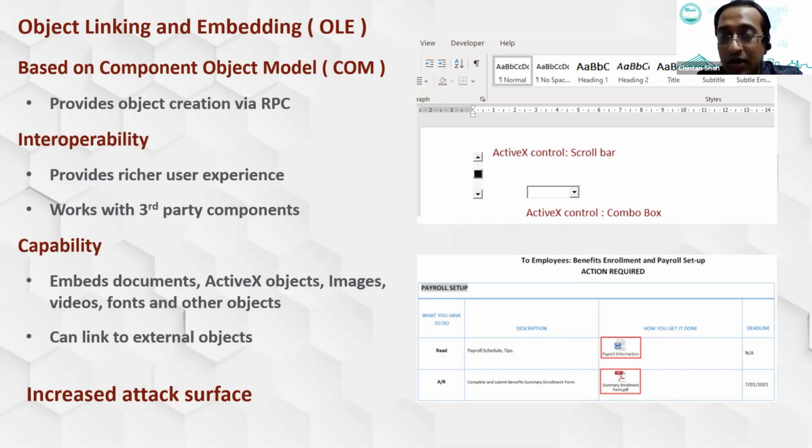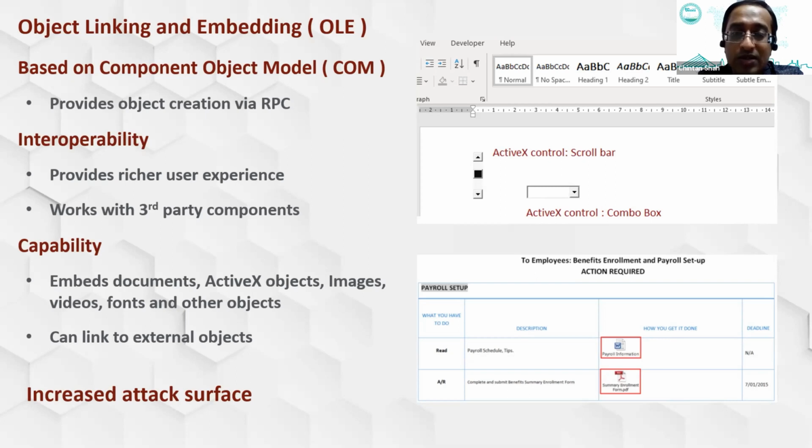In our case, RTF is basically a container application, where we create an object in another application. It could be a PDF file, or an ActiveX control, or an OXML file, right? And it allows you to embed or link these objects within the RTF.